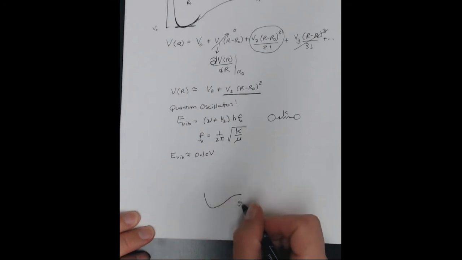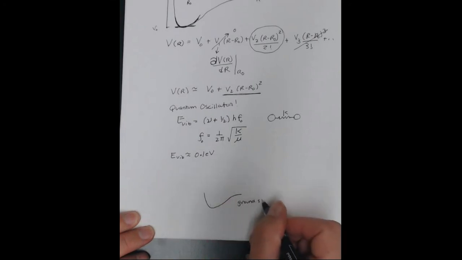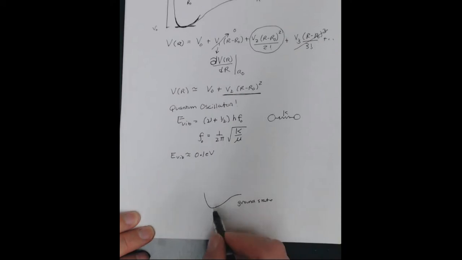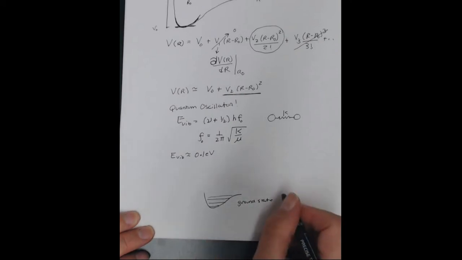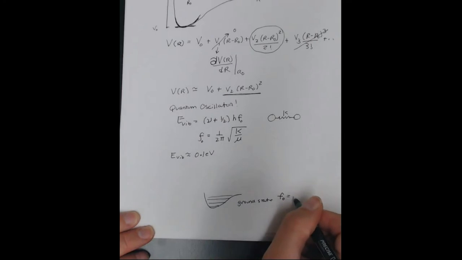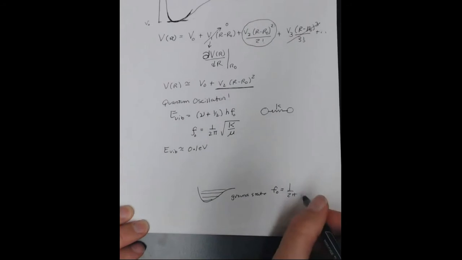So this is the ground state, and you have different vibrational levels in there. In this case, since it's the ground state, we'll call it f naught equals 1 over 2 pi times the square root of a force constant K naught over mu.